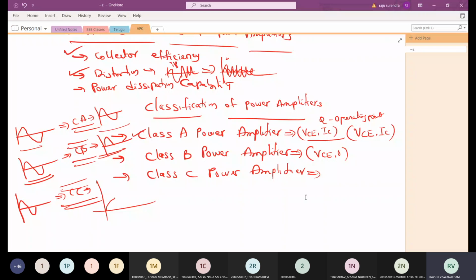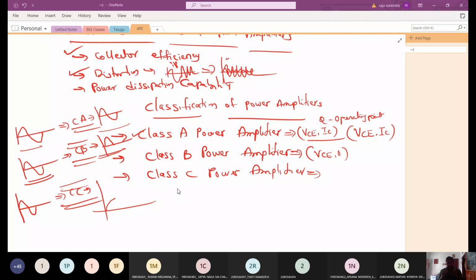If you consider these three performance quantities, the measures for all three types of power amplifiers, we cannot say that distortion is zero.